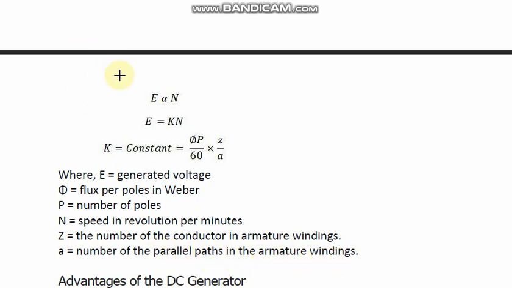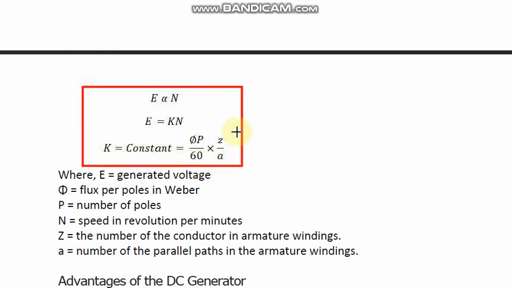It means that the formula written here is actually due to its construction and structure. Because the magnet pole is at a constant position, phi, P, Z and A are all constant, and that's why E equals K into N. N is the speed in revolutions per minute, and K is the constant made of the other values.